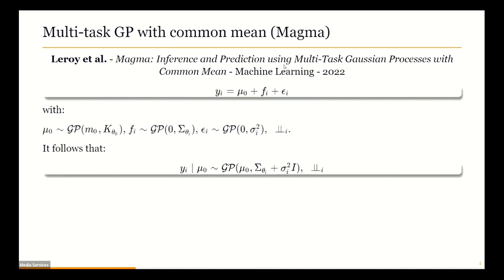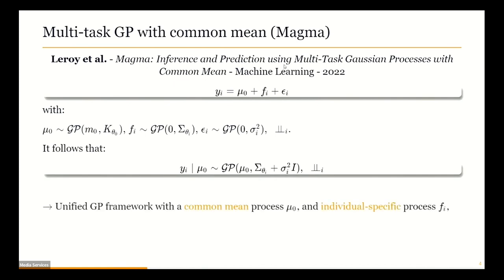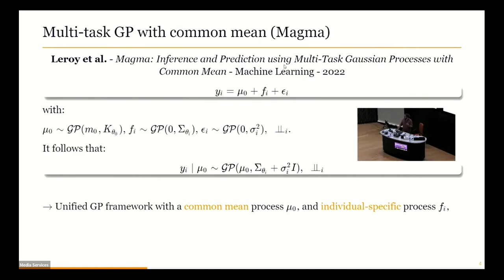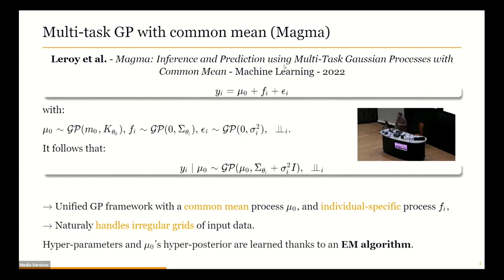And this model is at the basis of the framework. One really nice feature is that this model naturally handles irregular grids or measurements, so we don't have a problem with missing data or those kinds of things.